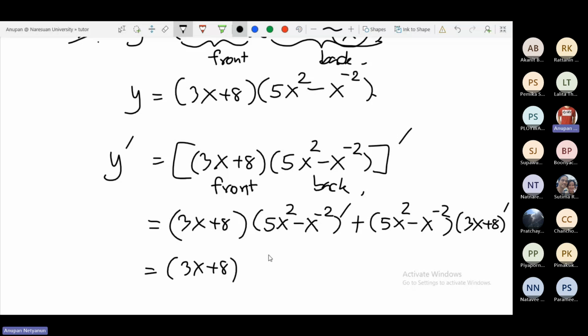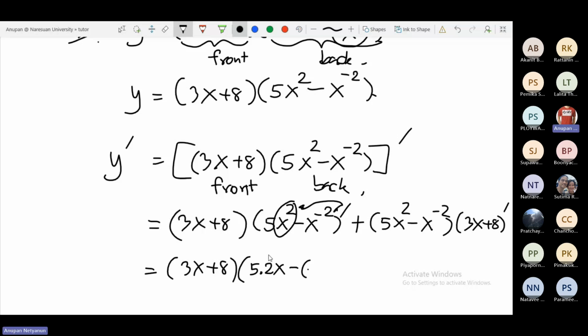And you have to take derivative of this, and derivative can distribute for each term. 5 is a constant, can take out, and you take derivative of this, bring 2 down, and reduce 2 by 1, so you have power 1. Okay. Derivative distributes to the last term.